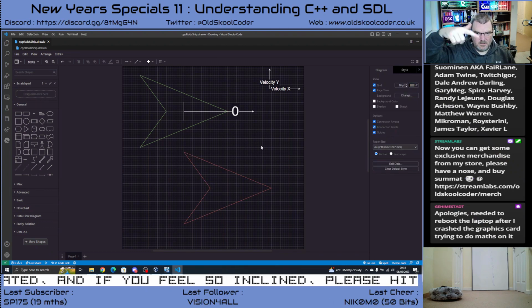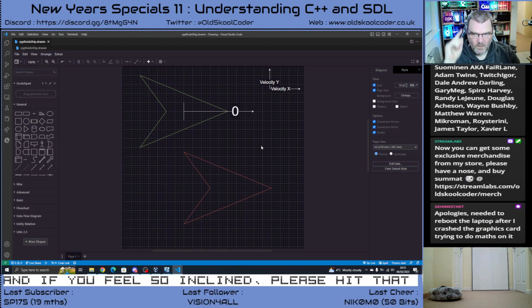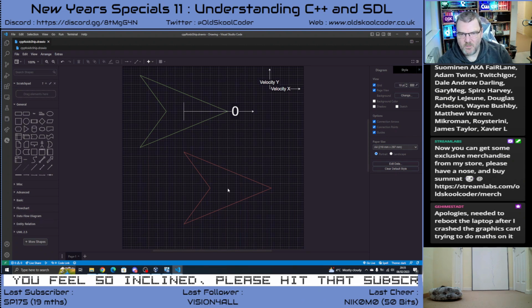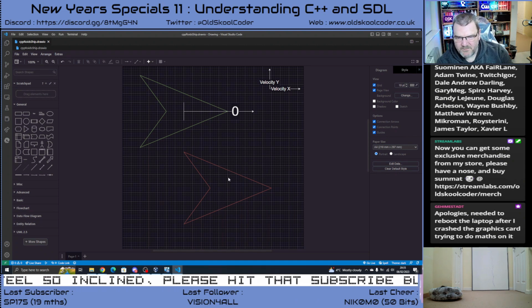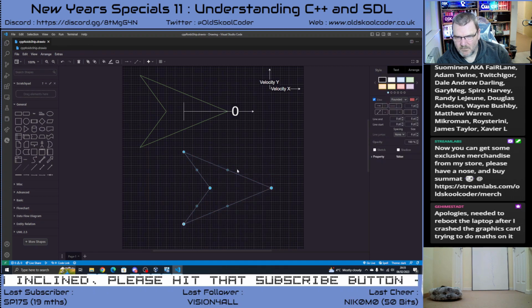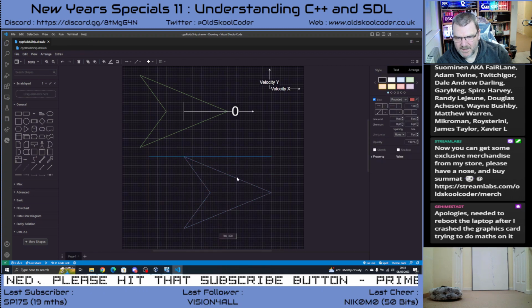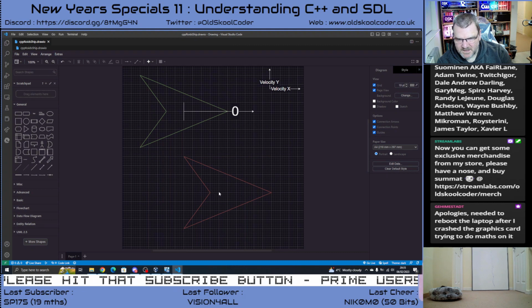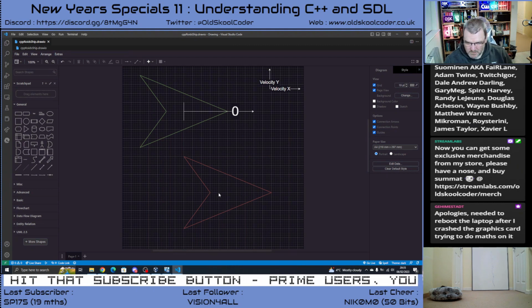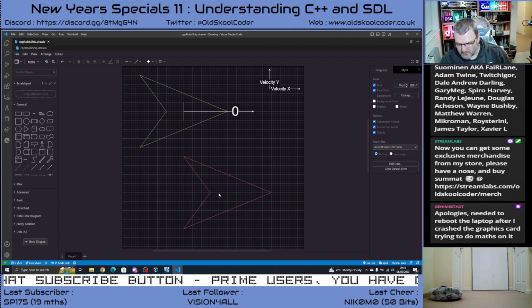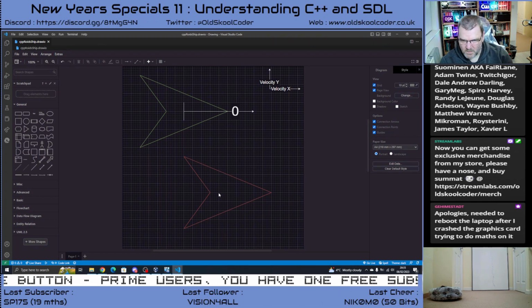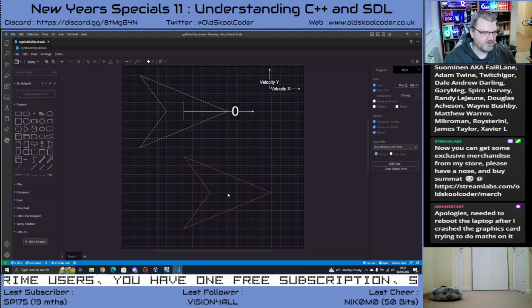Right. So we know the velocity, and we know that we are pivoting around that point. Where my mouse pointer is.